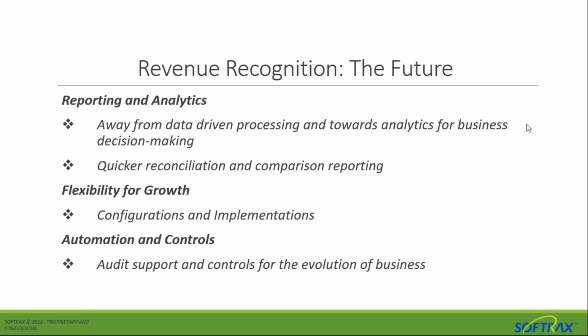So coming back to that scalability piece, you have to have the configuration engine that supports a quick implementation or re-implementation, I suppose, based on that evolution. So if you have new policies, and then the addition of workflow, we can fill in those gaps for any business transformation pieces. And then again, we talked about audit controls and support for the evolution of the business.